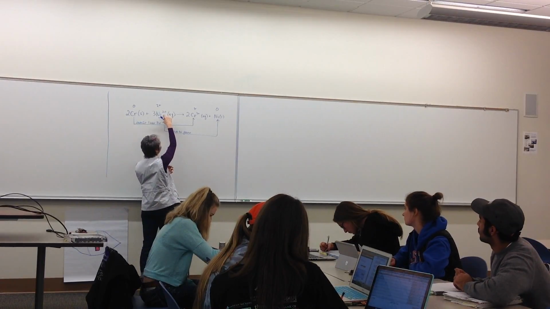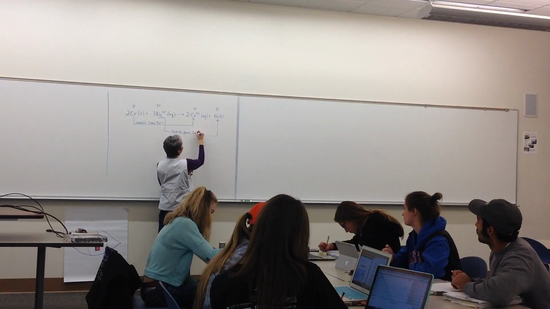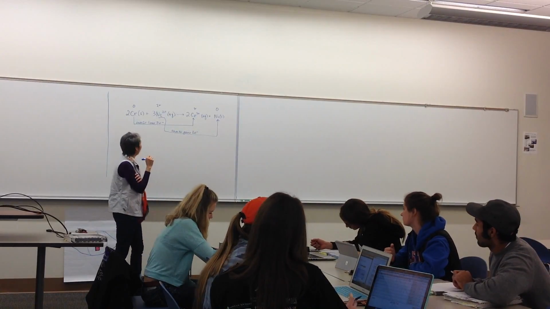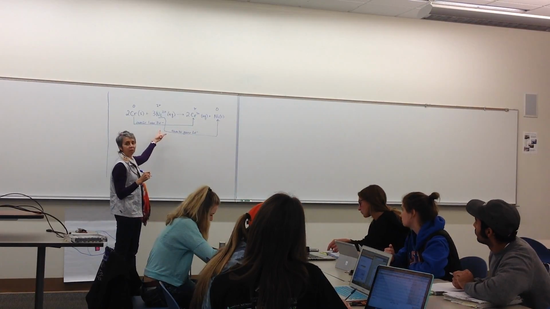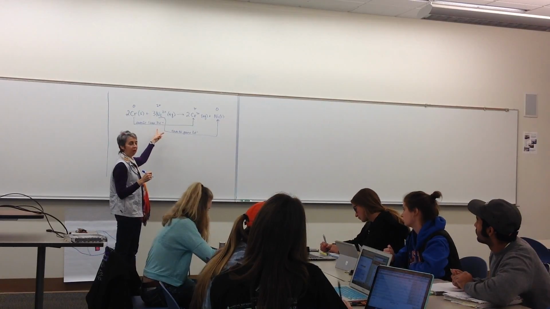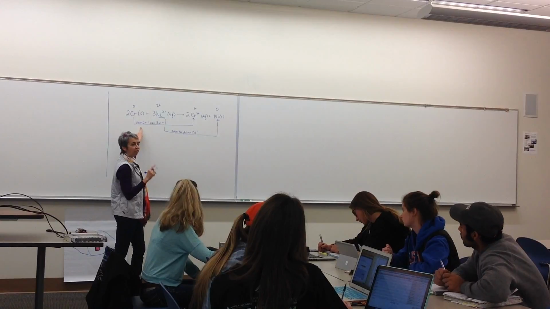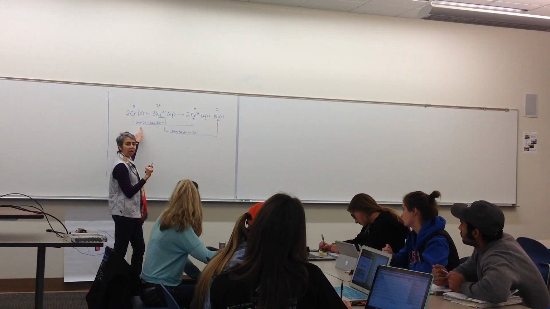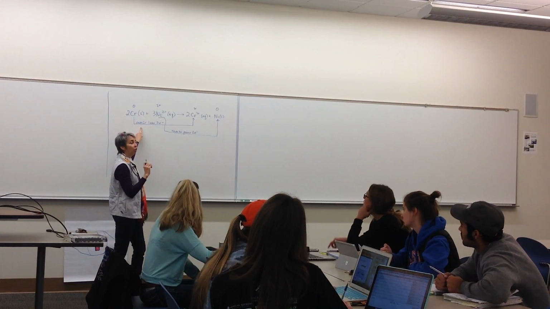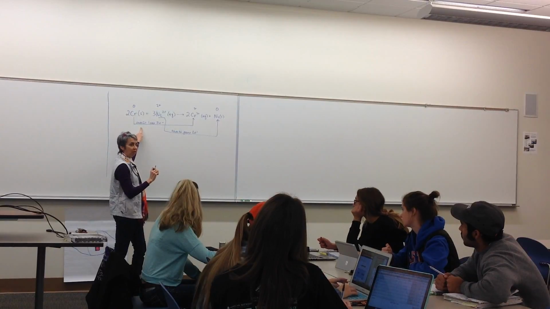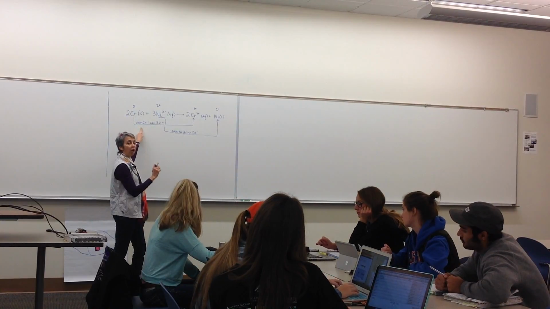So we're going from 2+ to neutral, so we're gaining 2 electrons. And so you might look at this and say, they're not equal. This is a problem. It is not the case that each atom has to gain or lose the same number of electrons. It's that the total number of electrons gained has to equal the total number lost.